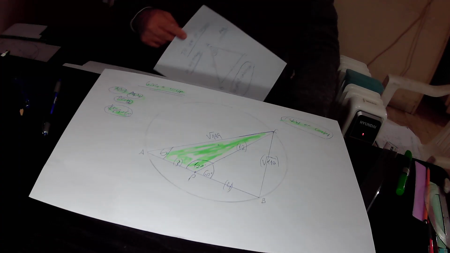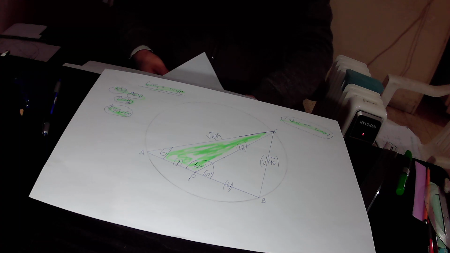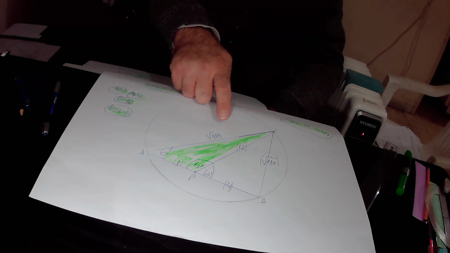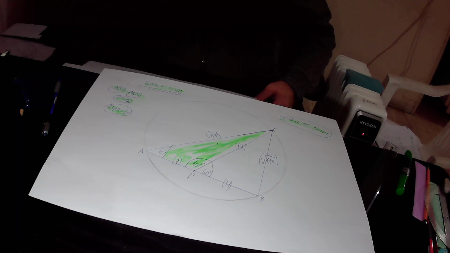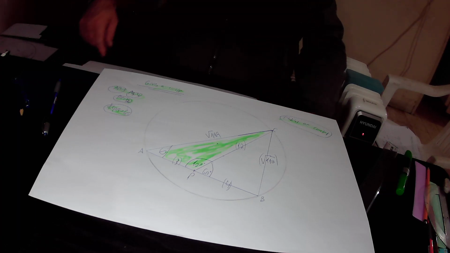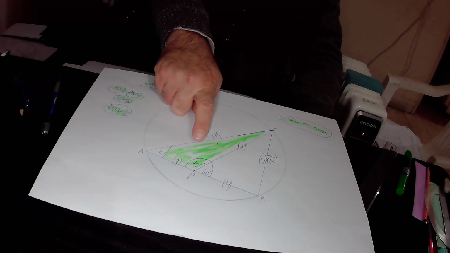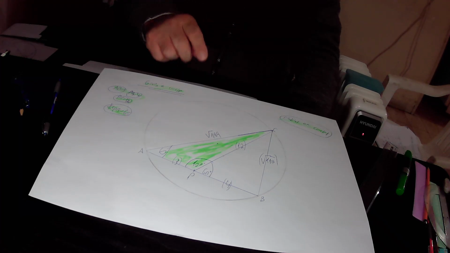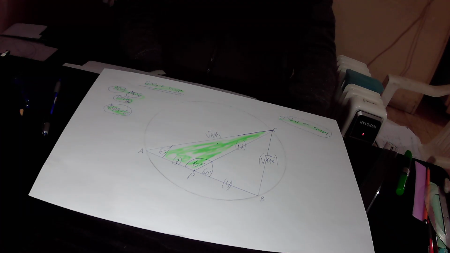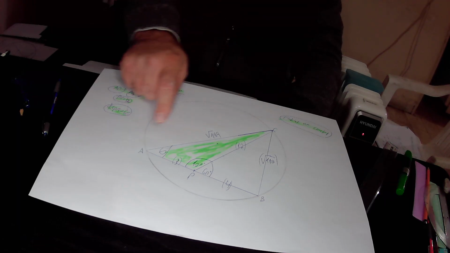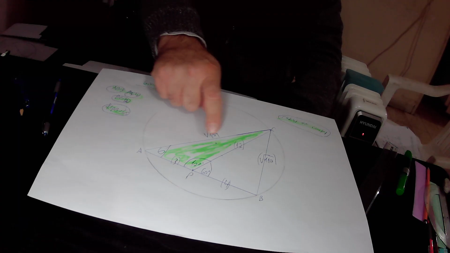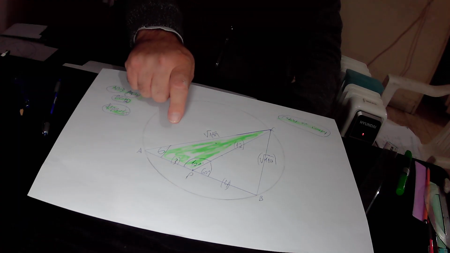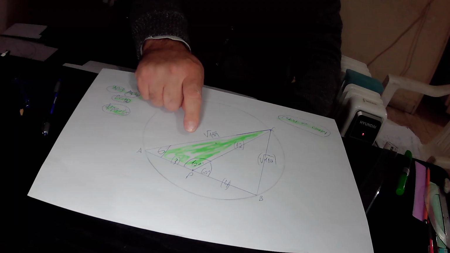So we can actually implement the law of cosines in this triangle CAP. According to the law of cosines, if we take theta as this angle, which is 120 degrees in size, the following equation holds: CA squared equals AP squared plus PC squared minus 2 times AP times PC times cosine 120 degrees.